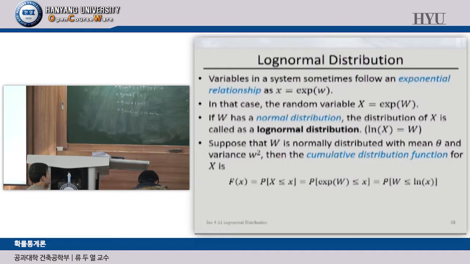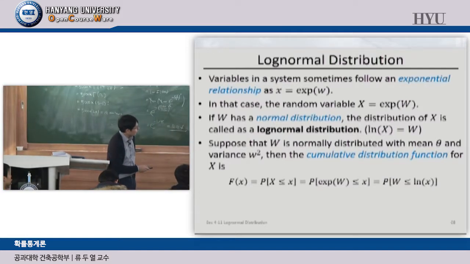Because X is equal to exponential W here. And this is the probability of W being lower than or equal to ln x. Right? Because to change the x to w, we have to take the ln at both sides. So, the cumulative distribution function of the normal distribution can be expressed by this equation. Okay?